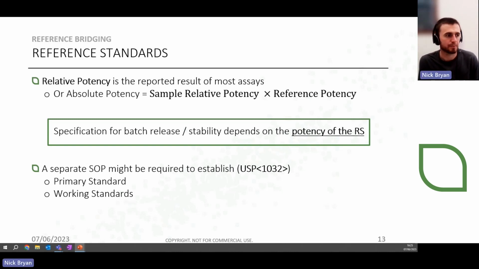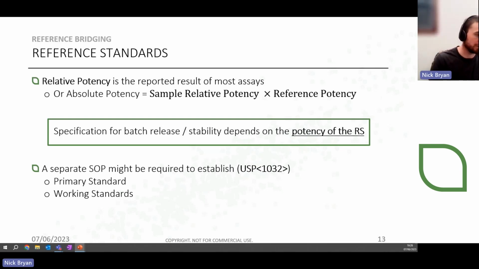A fairly conventional approach to reference standards is to have a two-tiered approach, which I'm sure some of you will be familiar with. So we have our primary reference standard, which is often the batch that, early on in development, we set aside as our gold standard, and subsequent standards can then be prepared using the current manufacturing process to establish working standards.